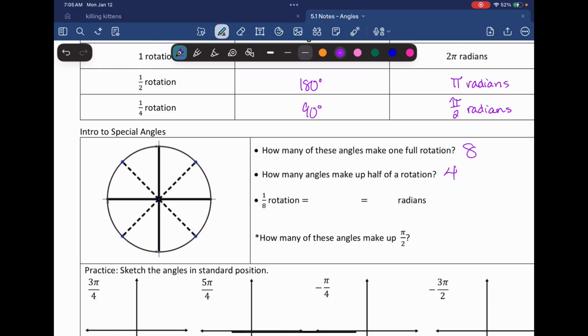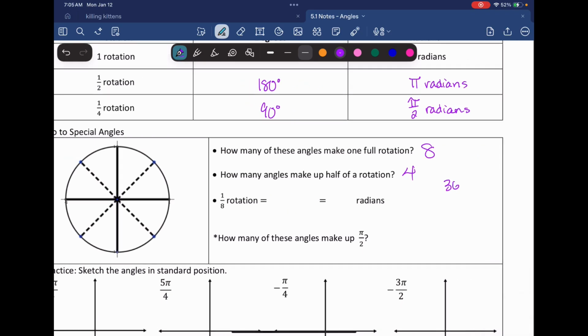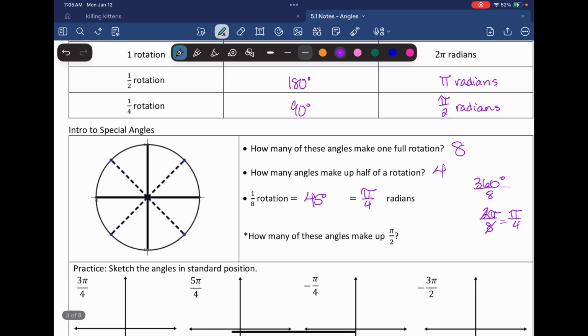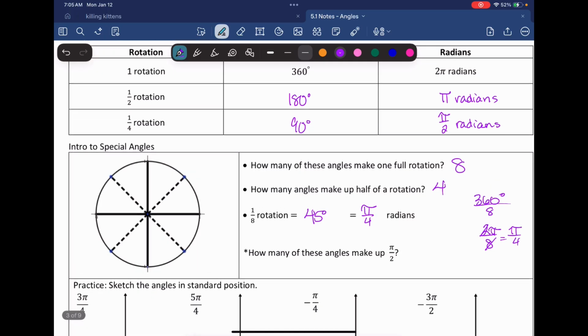So 1/8 of a rotation equals 360 divided by 8, which is 45 degrees, which is pi over 4 radians. How many of these angles make up pi over 2? We know pi over 2 is 1/4 of a rotation, so it took 2 pi over 4s.